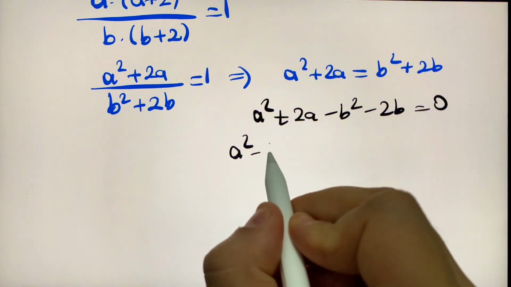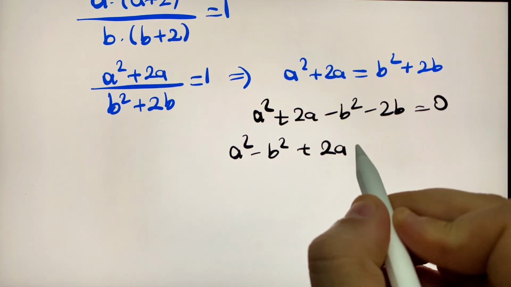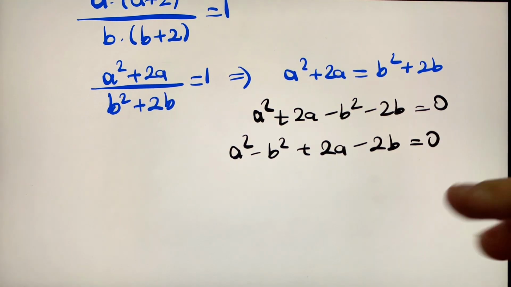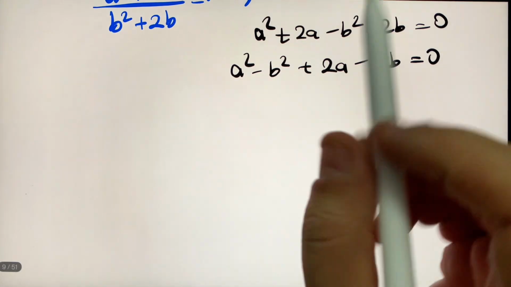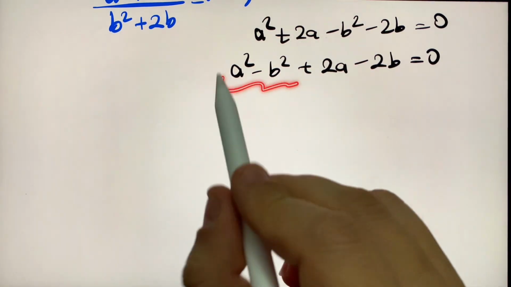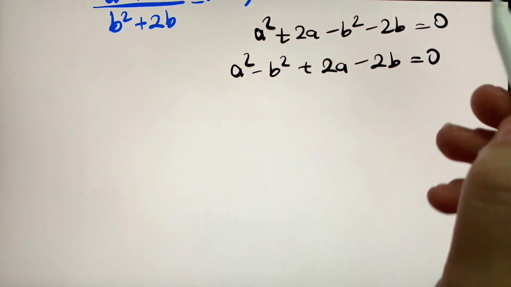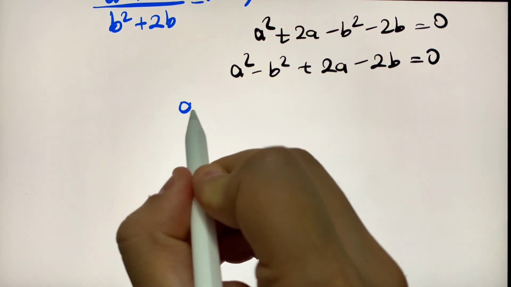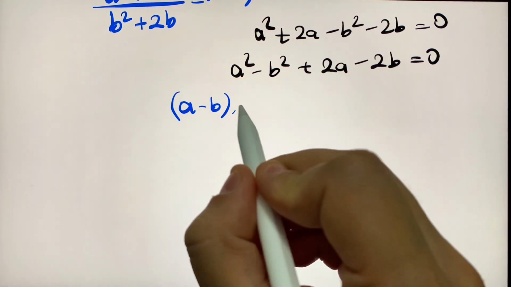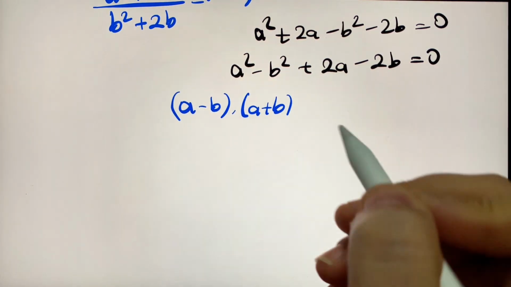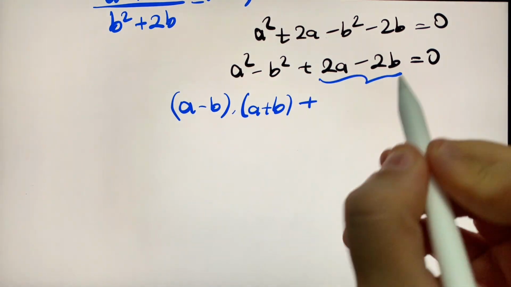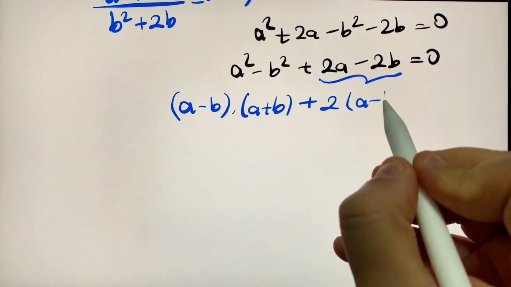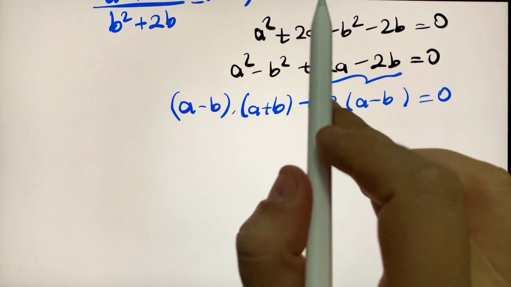So a squared minus b squared plus 2a minus 2b is equal to 0. We already know this expression from somewhere. What is this identity? Let's apply the expansion immediately: a minus b times a plus b in parentheses, plus, if we take 2 out as a factor, 2 times a minus b, is equal to 0.